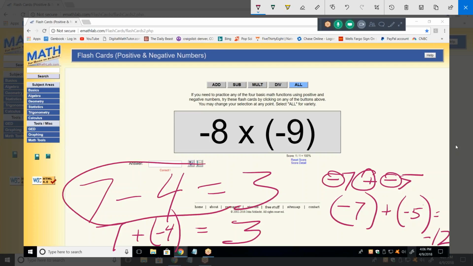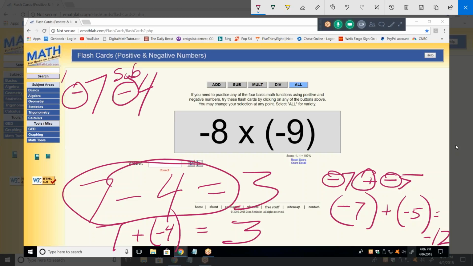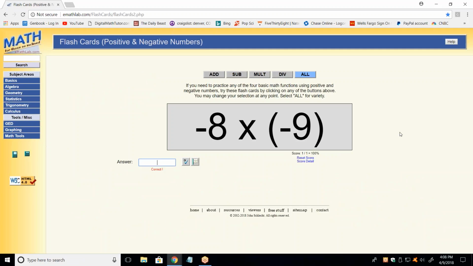Whereas if I left it like that, you get 3 all day long. It's only when you have a negative sign thrown in that people get screwed up. There is your subtraction sign right there. That is a negative sign. And it's very important that you be able to recognize the difference as to when you have one and when you have the other.